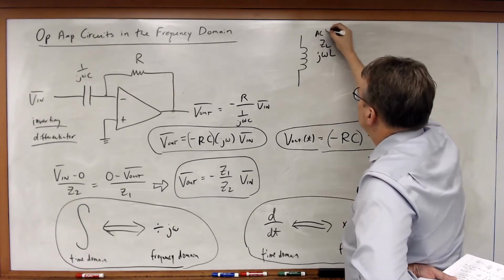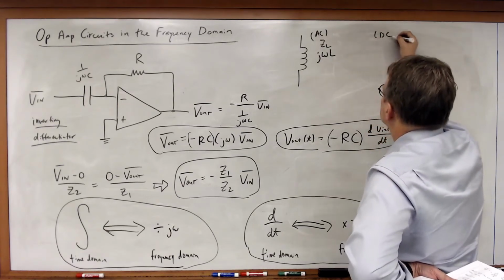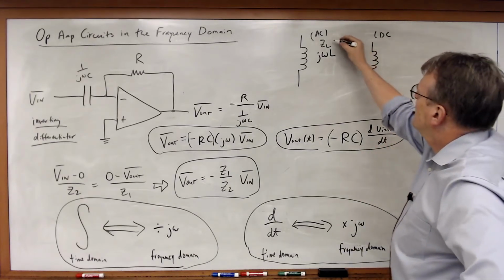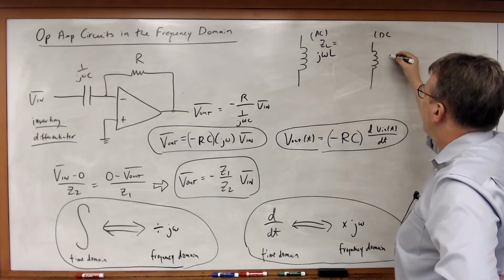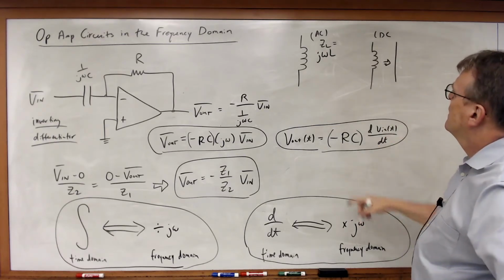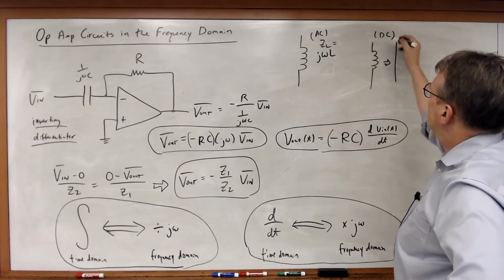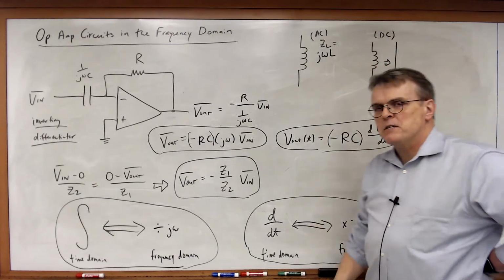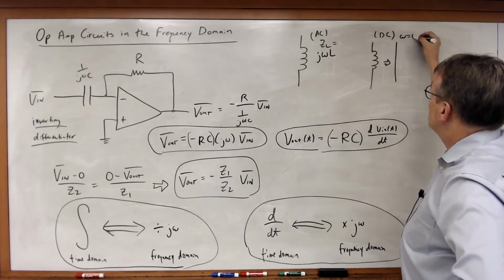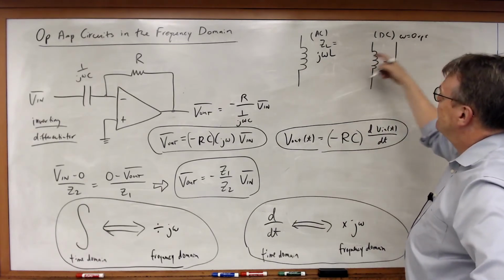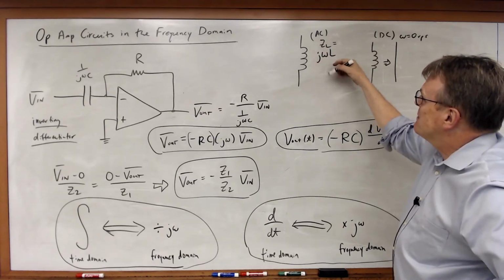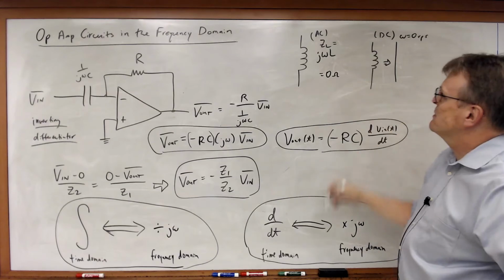So that's for AC, but for DC, what does an inductor act like? Well, an inductor acts like a wire, right? We say in DC it behaves just like a short circuit. Well, what is omega in a DC circuit? Well, omega is equal to 0 radians per second in a DC circuit, right? And therefore, Z sub L is equal to j times 0 times L is equal to 0 ohms.